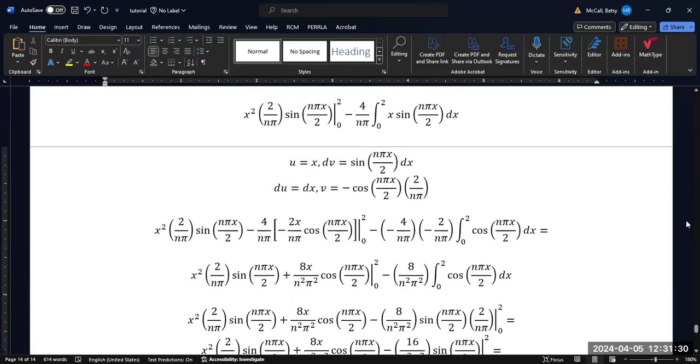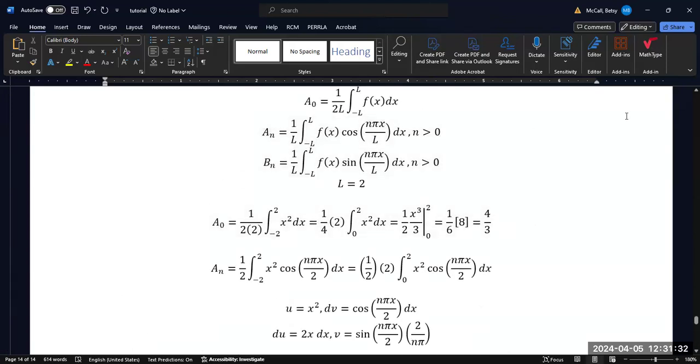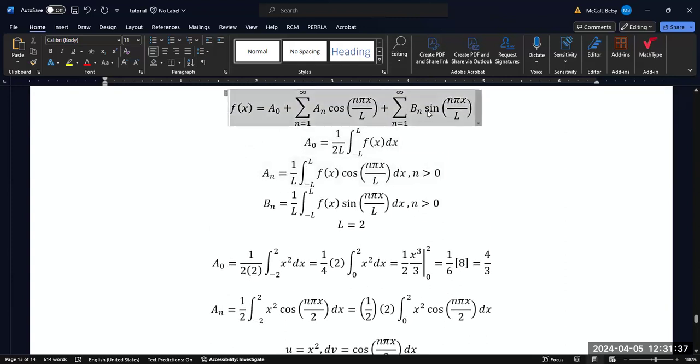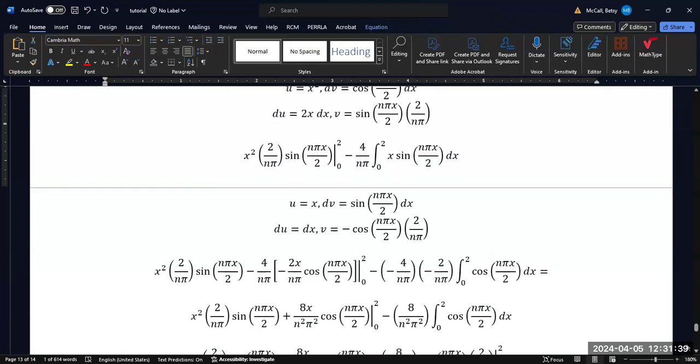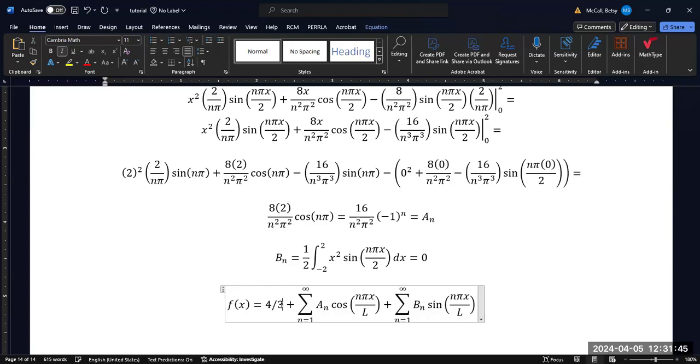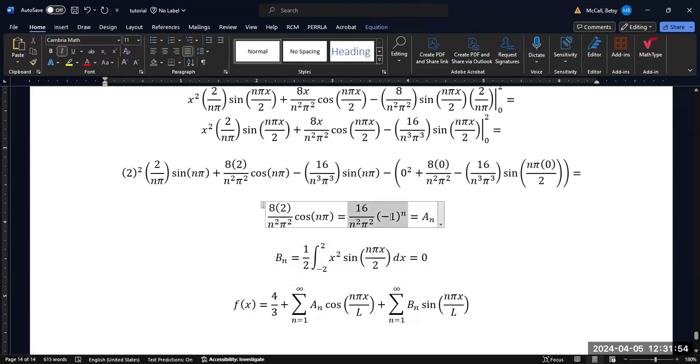And so let's fill out our final formula for our Fourier series. So this we established was 4/3. And then our a sub n, we decided was this.